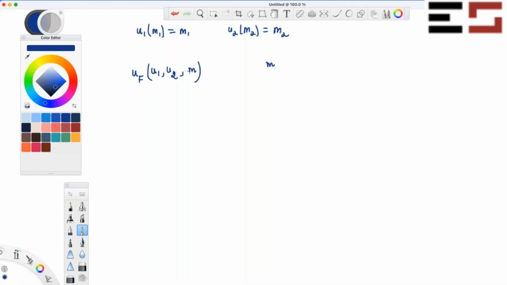Uf(u1, u2, m) is equal to 100 root m plus min(u1, u2).